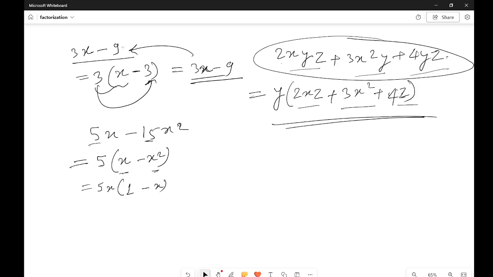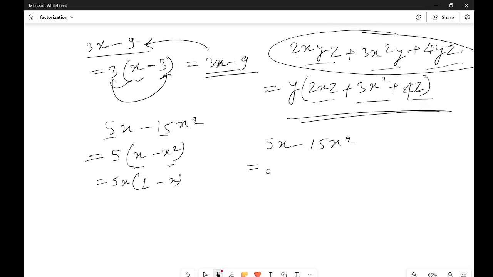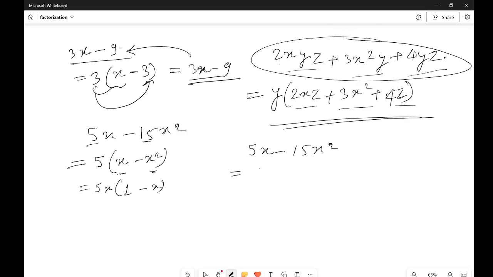Or just like in the previous, my expression is 5x minus 15x square. What I will do, common is 5 from constant part, and if I go by the variable part, x and x square, x is common in the same line, so this will be minus 3.